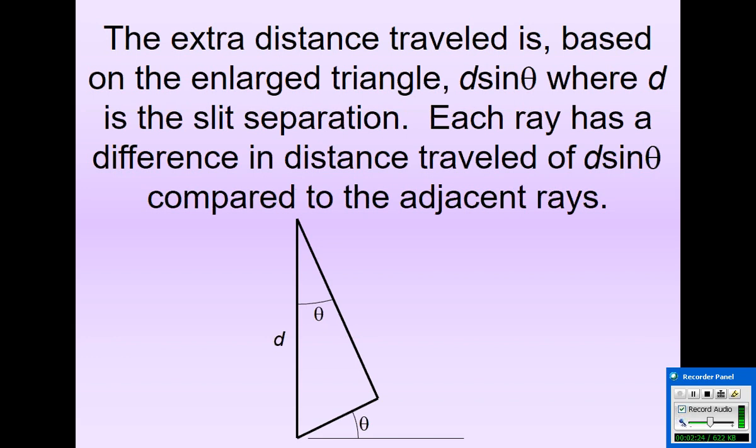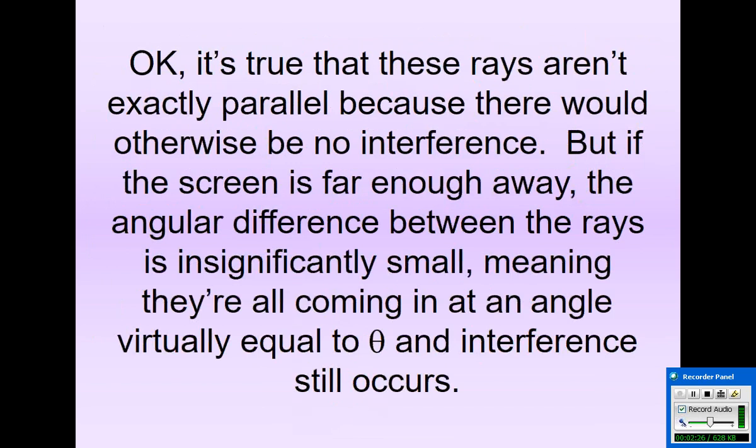There is a difference that we're going to discuss. The actual angle in the diffraction grating situation is not necessarily small. In the double slit interference case, we can say theta is a tiny amount. That's not necessarily the case in the diffraction grating.